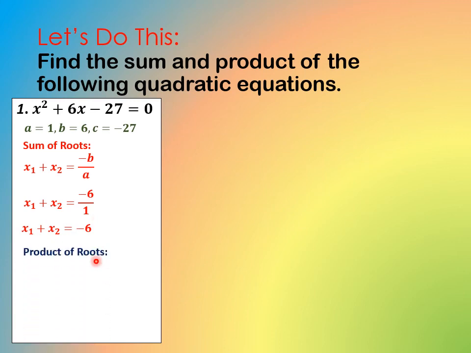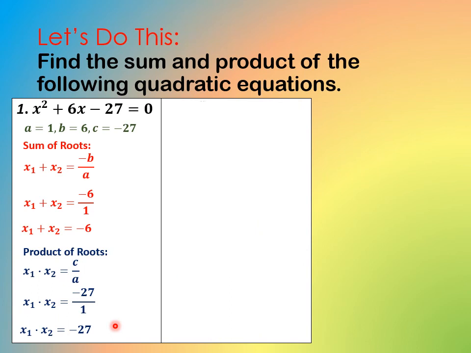For the product of roots, we have the formula C over A. What is C? That is negative 27. What is A? That is 1. So, we have negative 27 divided by 1. So, the product of roots is negative 27.